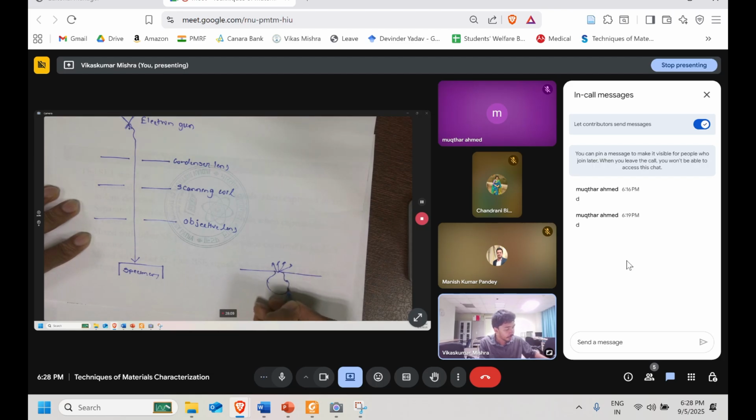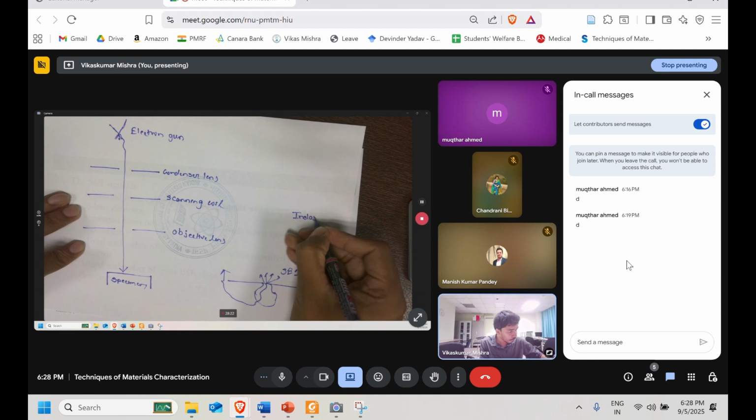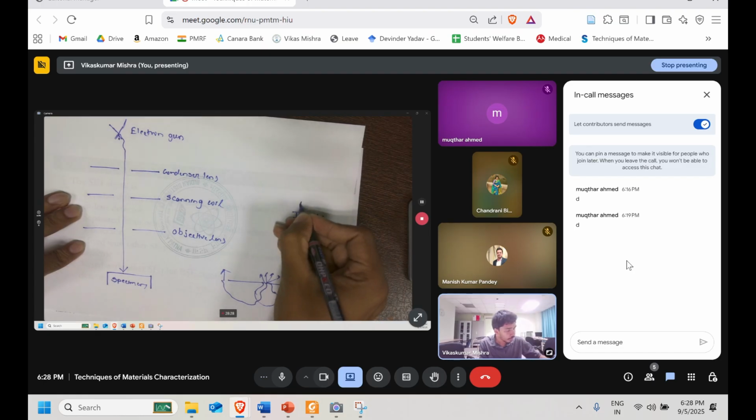This is where it hits. Now from a certain angle, we'll get more signals. This is known as the SE1 signals. Right now we are only talking about the inelastic scattering, which is going to generate the SE signals.